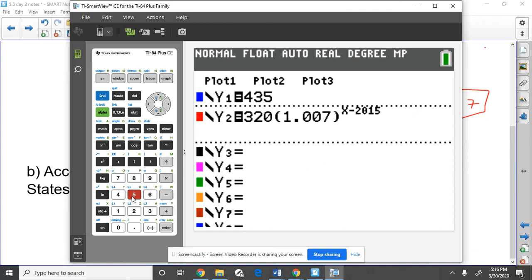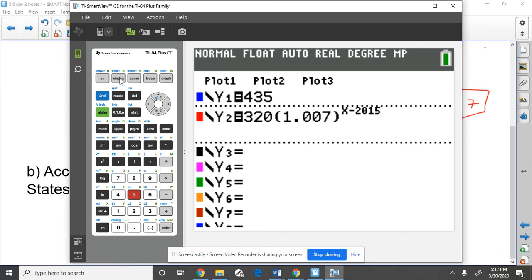So when we do this, we need to think about a good window. Our y-axis is the population, and we want to see where it crosses 435. So we need to go higher than that. And the starting population is at 320 here. And then x is the year. So we know it's going to be a number of years after 2015. And from our previous problem, we know that it's going to be after 2047.